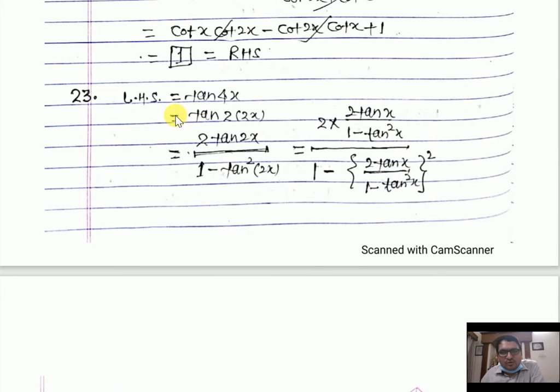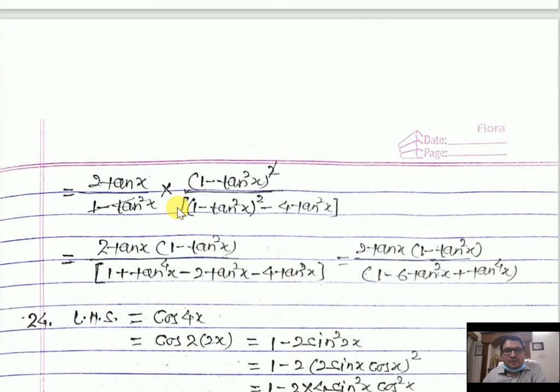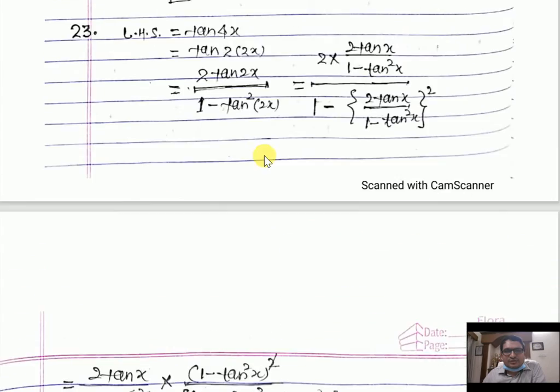We don't know the formula for tan 4x, but we know the formula for tan 2x, so we split tan 4x into tan 2 into 2x. So tan 2a is what? 2 tan a upon 1 minus tan square a. Now again apply the formula for tan 2x: 2 tan a upon 1 minus tan square a, whole square. Now it will be 2 tan x upon 1 minus tan square x.